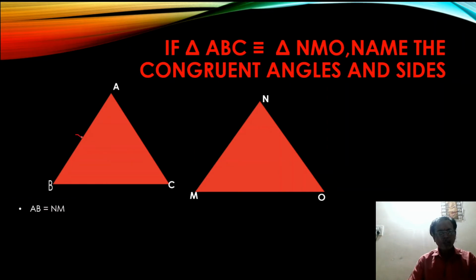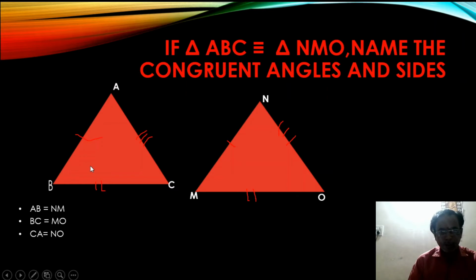That means AB is equal to MN, BC is equal to MO and AC is equal to NO. Okay, children. So the corresponding sides are equal: AB equal to NM, BC equal to MO and CA equal to NO.